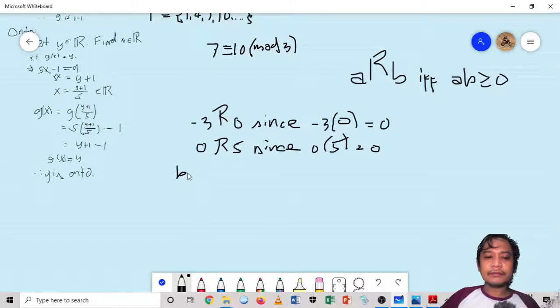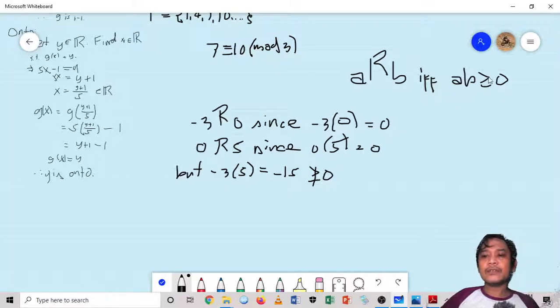But negative 3 times 5 is negative 15, which is neither greater nor equal to 0.